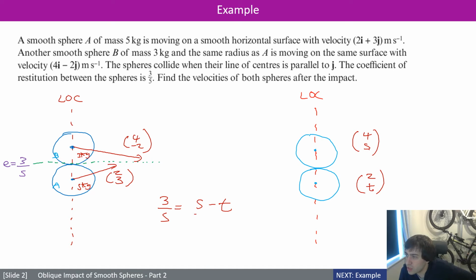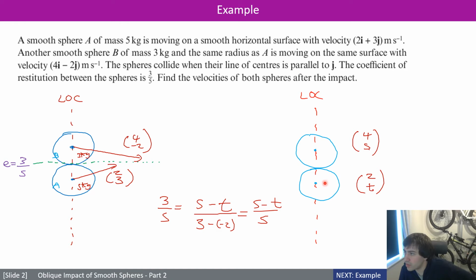A's initial vertical speed, sorry, I'm talking vertical speed, aren't I, was 3. B's initial vertical speed was minus 2. So we end up with this. Let me just double check that makes sense.